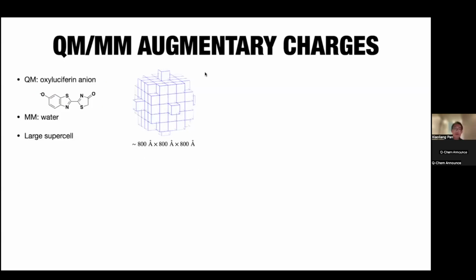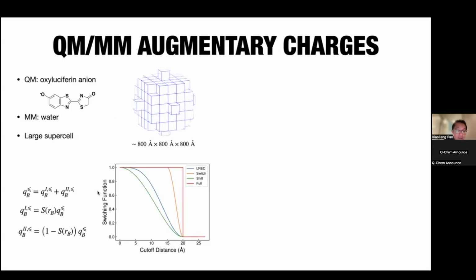Okay. So first we want to test the accuracy of that. So we choose a QM/MM system that is a very large supercell. It's not periodic, but just to mimic the periodic system, so we can have a reference calculation to compare with.